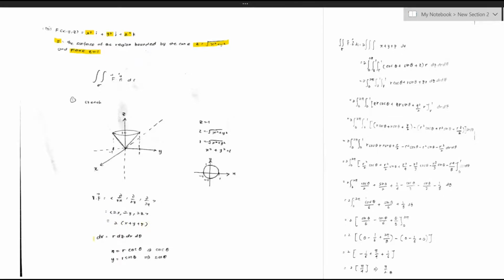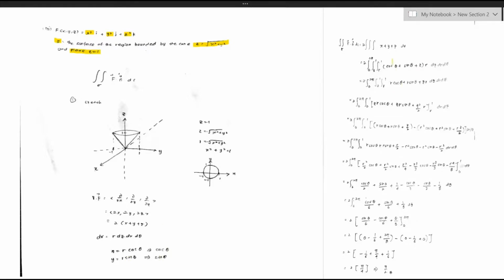So dV for this question is r dz dr d theta. So x equals r cos theta, y equals r sin theta. So r is substituted with 1, and we get cos theta for x and sin theta for y.